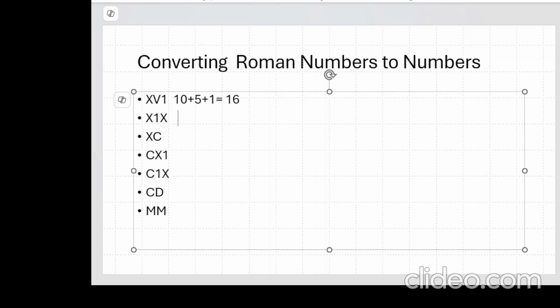Now moving on, X we know is 10, plus we have 10 again here, X, however we have I as well in between, which means I have to deduct 1 here. So thereby I'll be getting 19 as an answer.